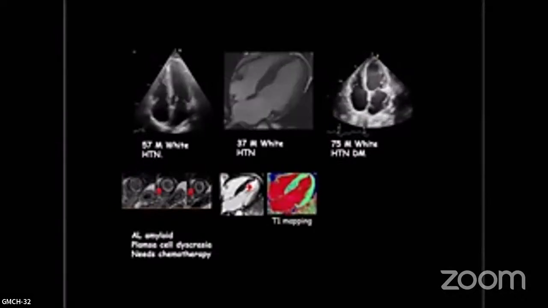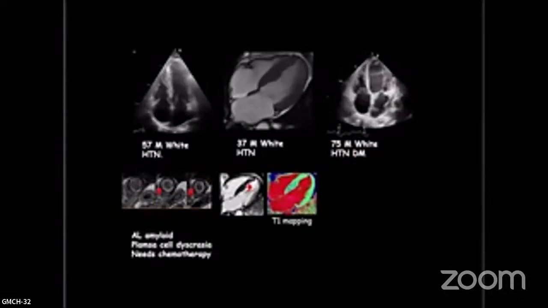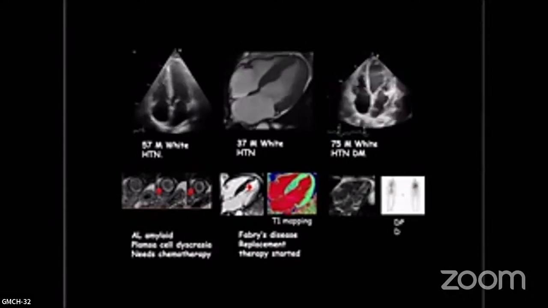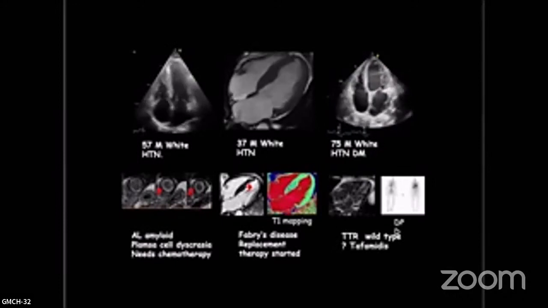In the second, using T1 parametric imaging with mapping techniques, we made a diagnosis of Fabry's disease, and this patient needed enzyme replacement. And in the third patient, a diagnosis of TTR amyloid was made, and with tafamidis being advocated as a drug, this would alter this patient's management should he be eligible for the same drug.